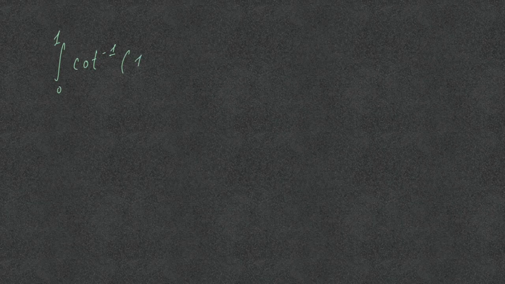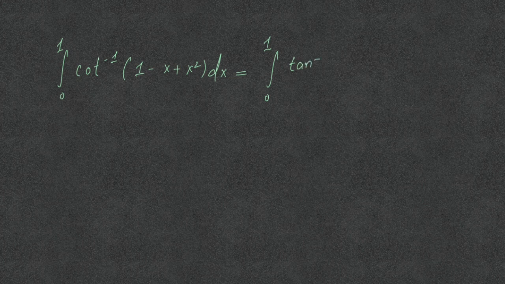First of all, let's try to evaluate the numerator, which is the integration from 0 to 1 of cot inverse of (1 minus x plus x square) into dx, which is equal to the integral from 0 to 1 of tan inverse of 1 upon (1 minus x plus x square) dx.